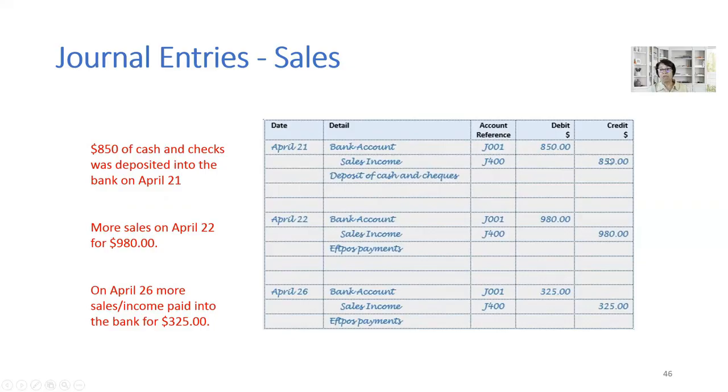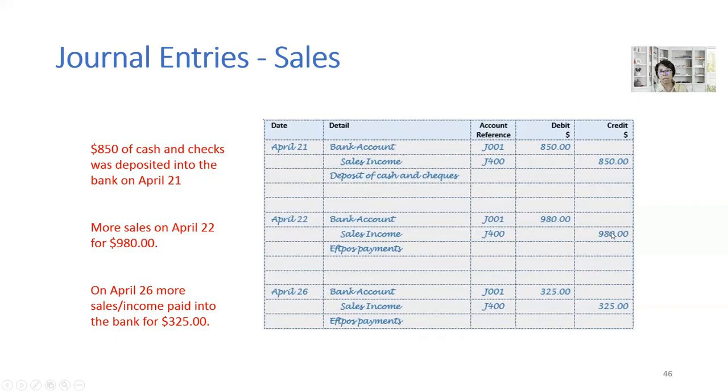And on revenue, what makes revenue go up, debit or credit? Credit makes revenue go up. So people paid us money and our bank account went up. So we credited sales for $850. Okay, more sales on April 22nd. Our bank account went up, so we debited it.